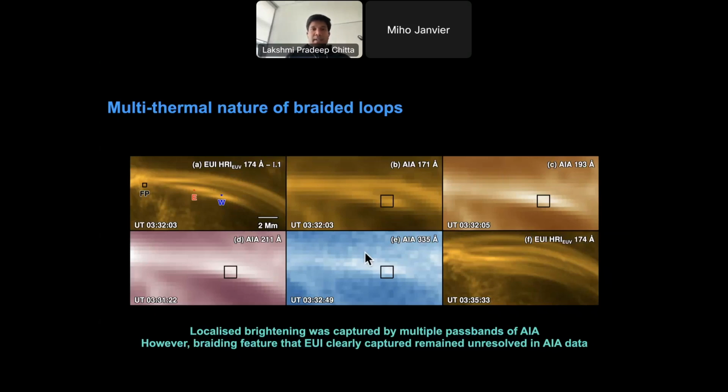And what you are seeing here is basically the same region, but with different instruments. Now, these pass bands may not mean much to you, but each of these pass bands, for example, here 171, 193, 211, and 335, are all sampling emission due to certain iron ion species.